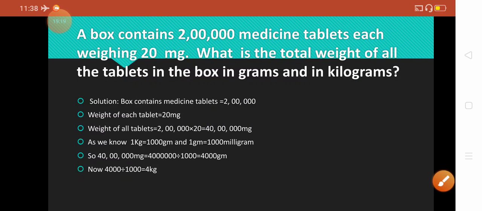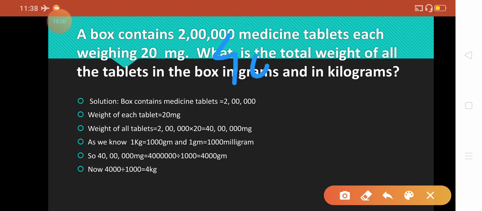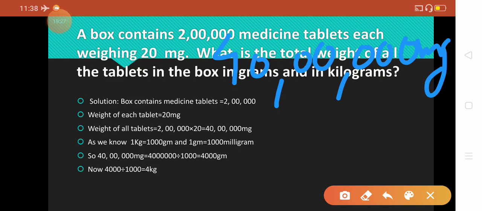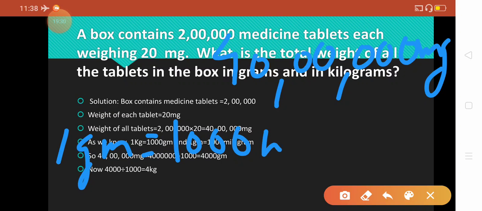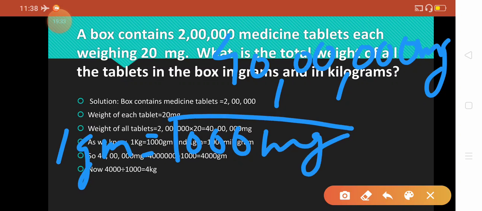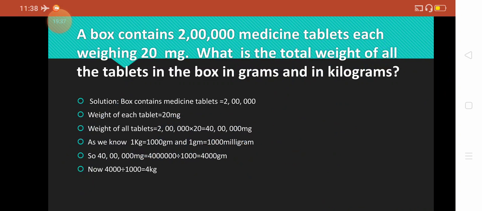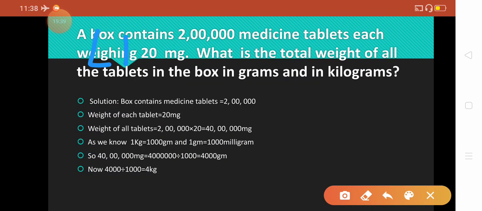So we have the value 40 lakh milligram. As we know, 1 gram is equal to 1000 milligram. So if you have this value and you have to find this one, here two things are there. One is left hand side and one is right hand side.